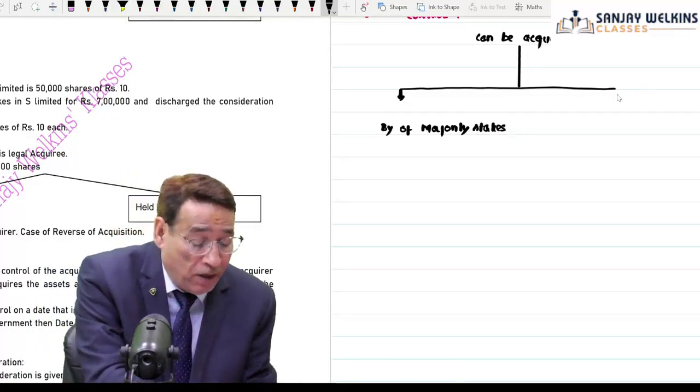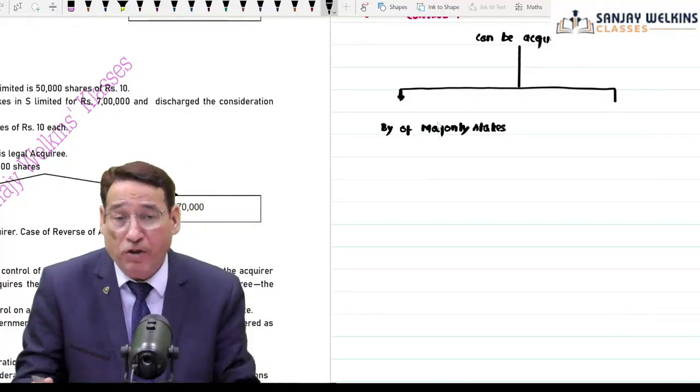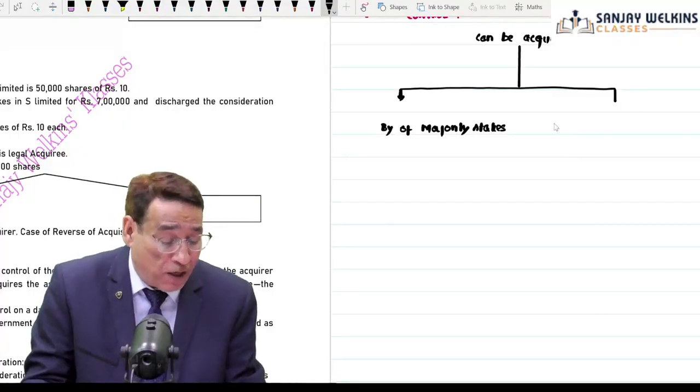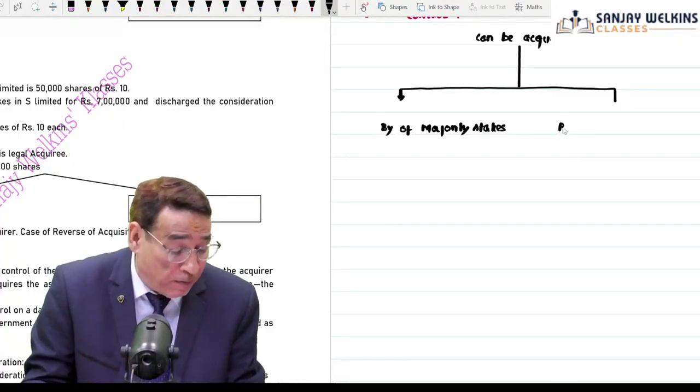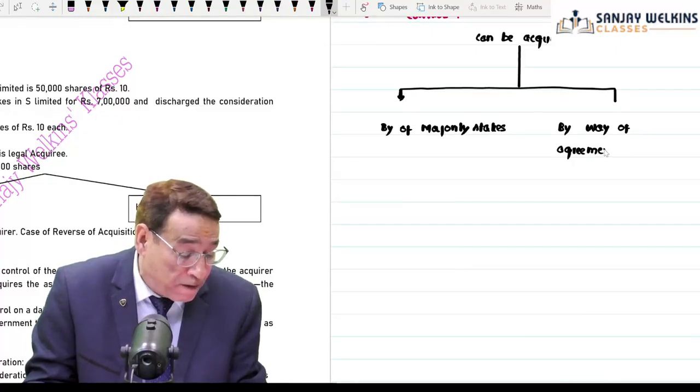However, most of the students are under a perception that control can be acquired only when we are having the majority stakes. Now, you can also get the control over the other enterprise by way of agreement.